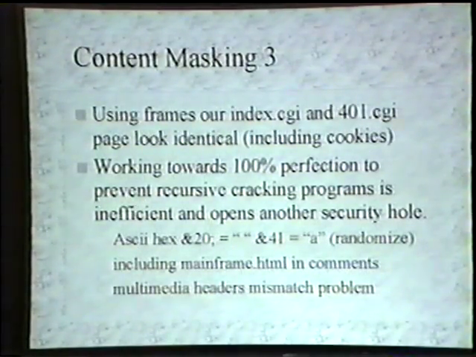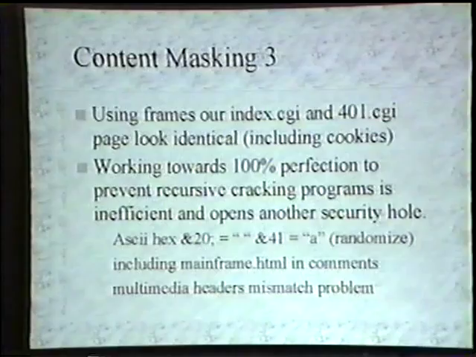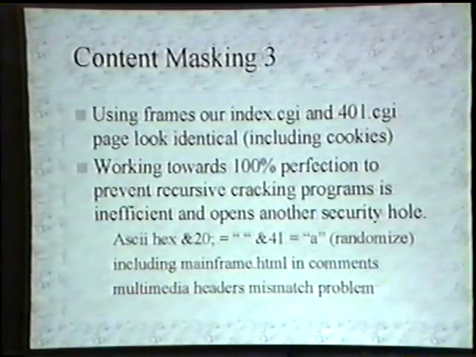So I thought, okay, what I'm going to do is take all the content from index.cgi or from mainframe.cgi, from both of the different mainframes, and put them in comments on each other's. So regardless of which one you go to, you still have the content of the other one inside the HTML that's returned. So if you search for a string like welcome, you're going to find it even though it's not viewable. You can't actually see it, but it's still in the content that's returned to you.